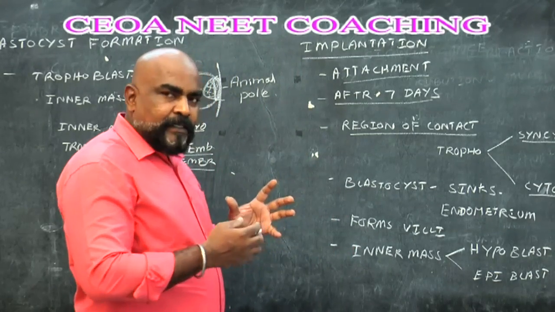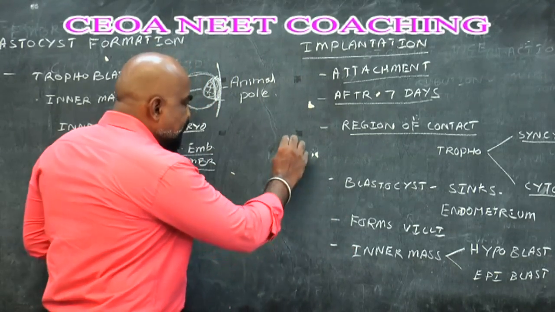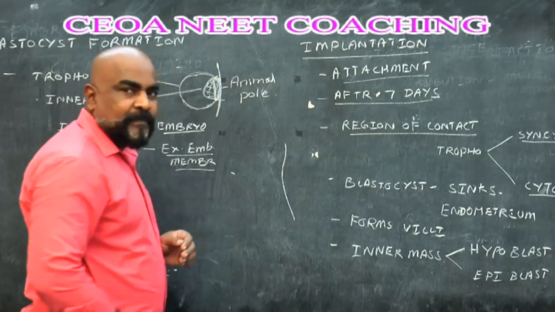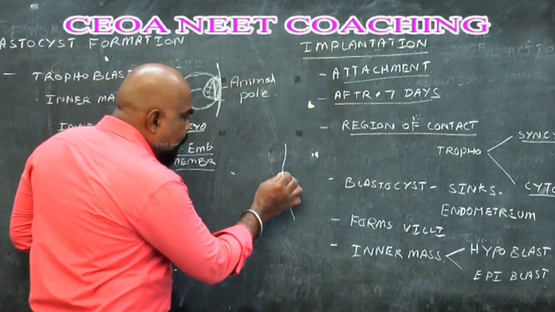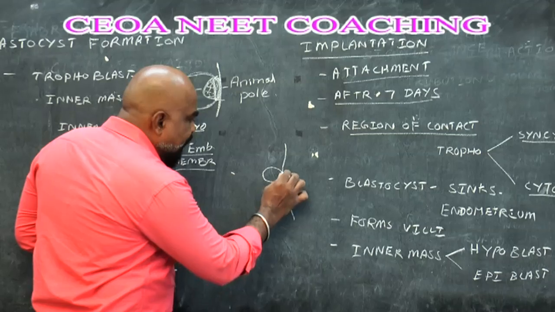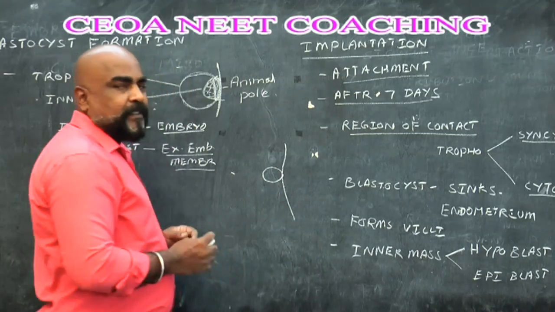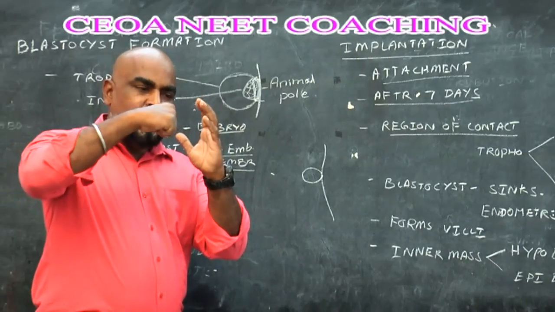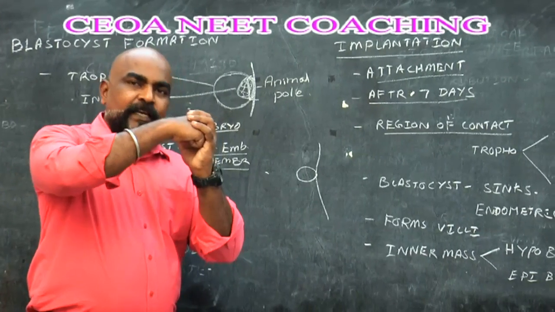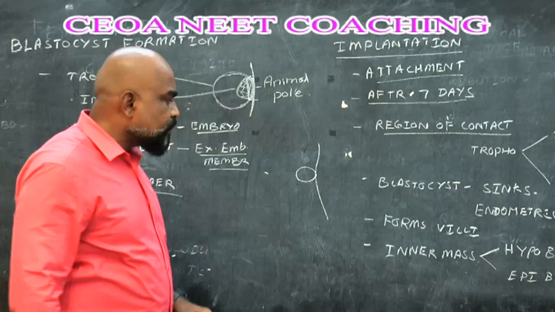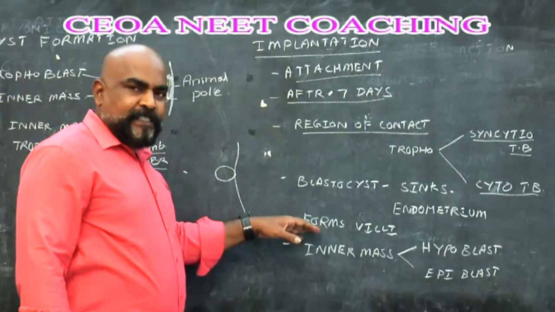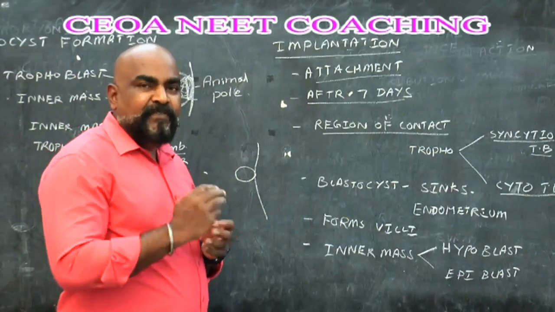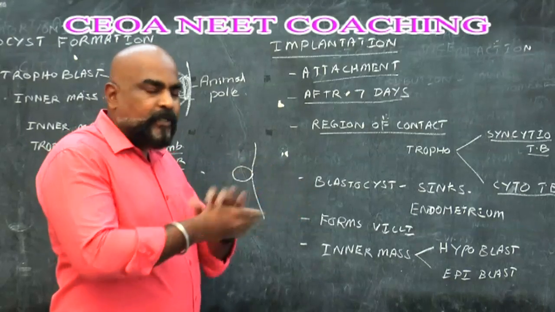And what happens is, if this is the endometrium, the blastocyst sinks into the endometrium. And after sinking, it forms finger-like structures which penetrate into the uterine wall.